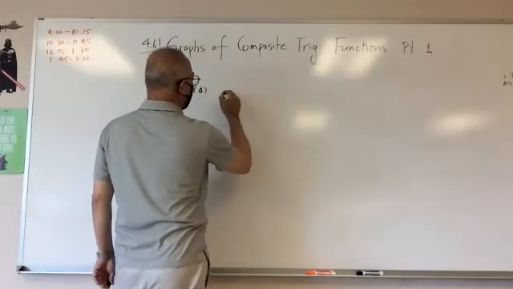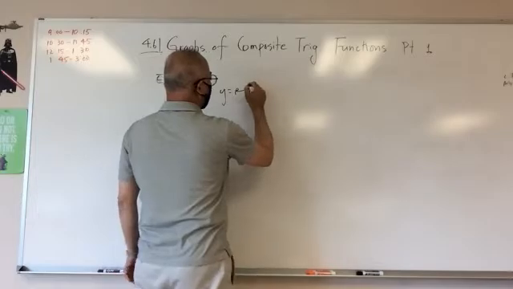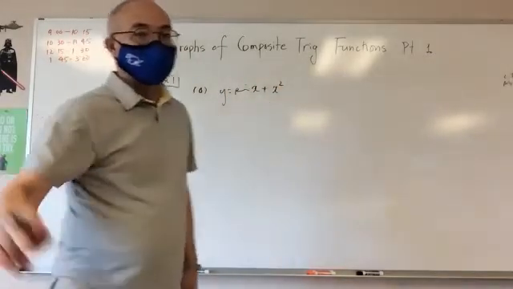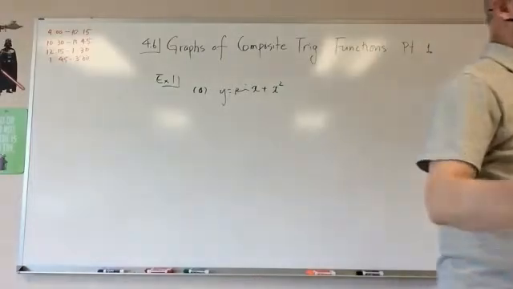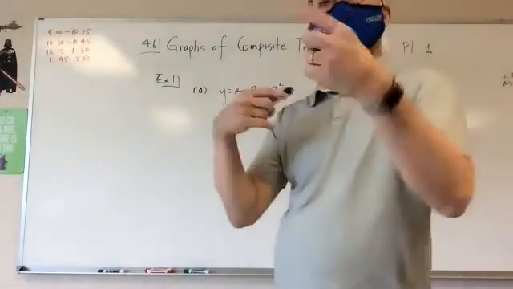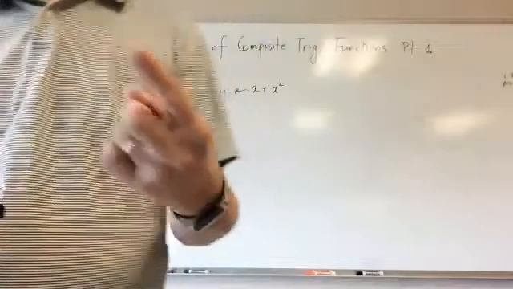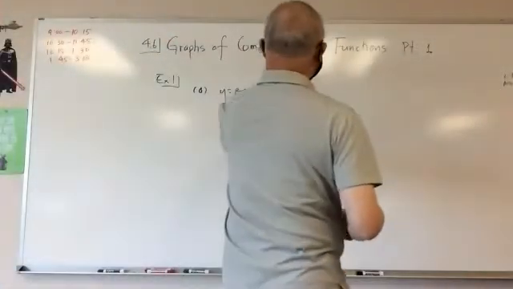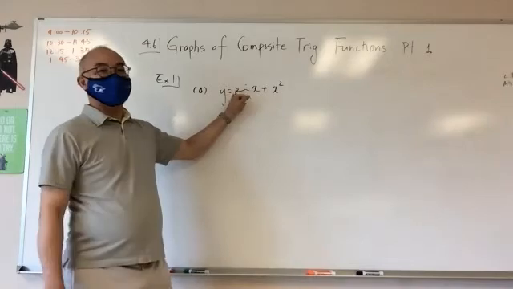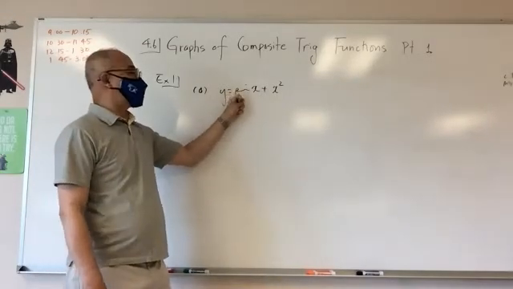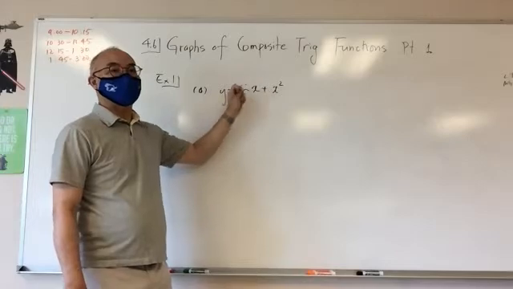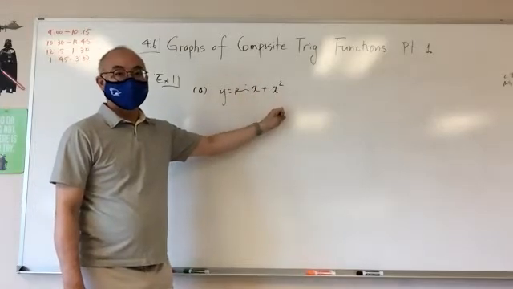So A, we have y is equal to sine x plus x squared. So grab your calculators. Before you plot it, think about what it's going to look like. You're adding sine x to the x squared graph, right?